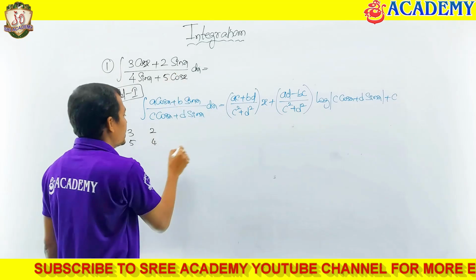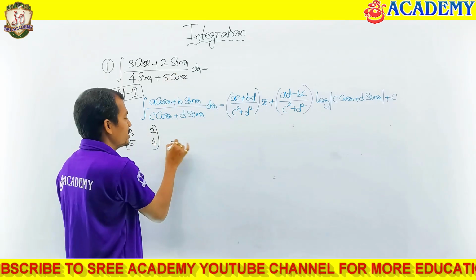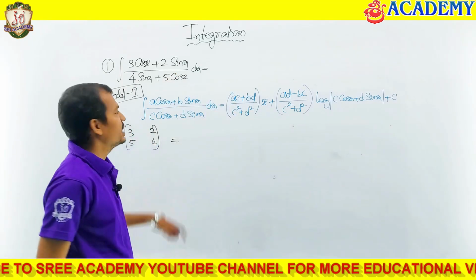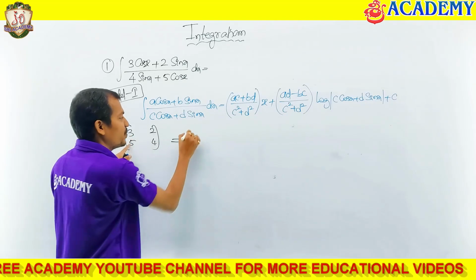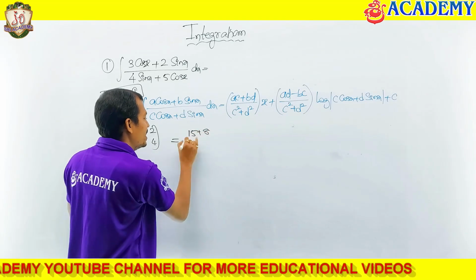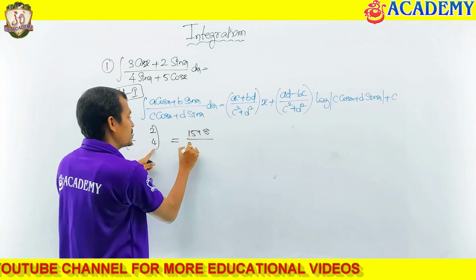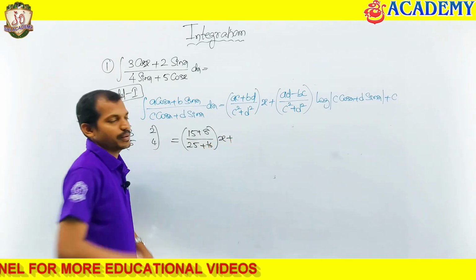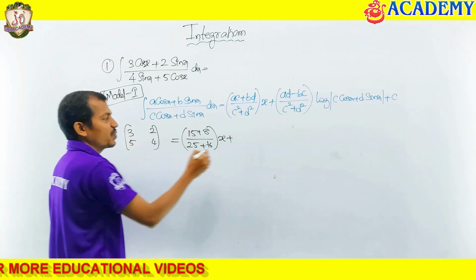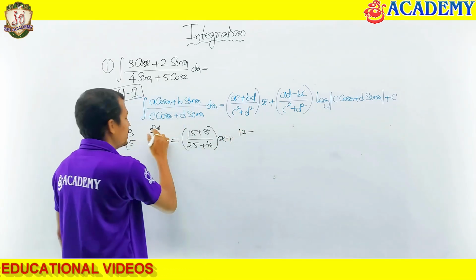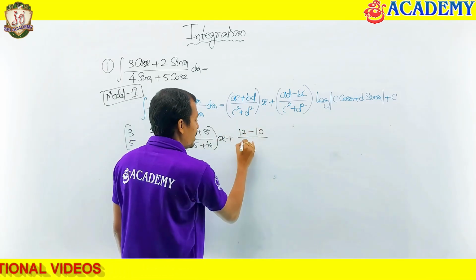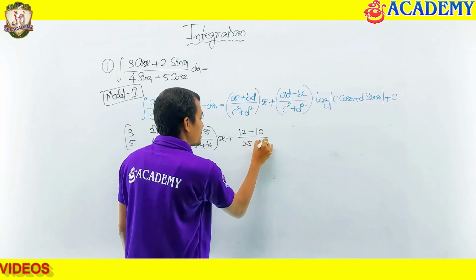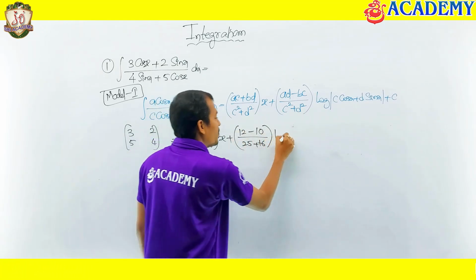With that I write the answer by using this formula, that is AC plus BD. AC is 3 into 5, 15, plus 8, divided by C square plus D square, that is 25 plus 16, into x, plus AD minus BC, that is 3 into 4, 12, minus 5 into 2, 10, divided by 25 plus 16, into log of the denominator.